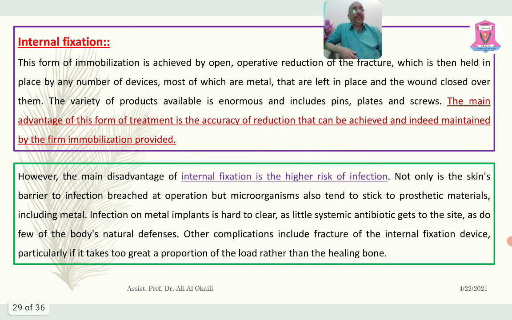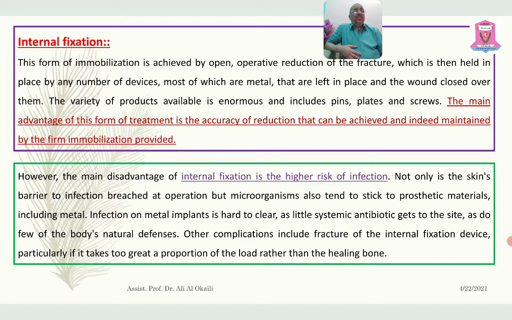Internal fixation. This form of immobilization is achieved by open and operative reduction of fracture, which is then held in place by any number of devices, most of which are metal that are left in place and the wound closed over them.